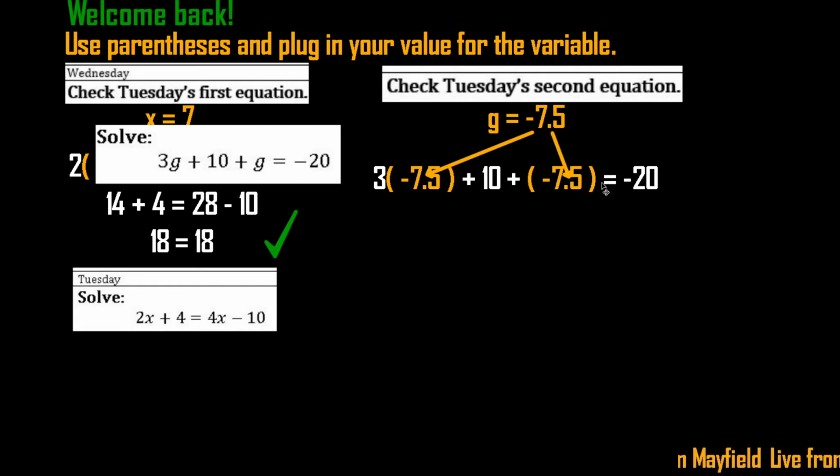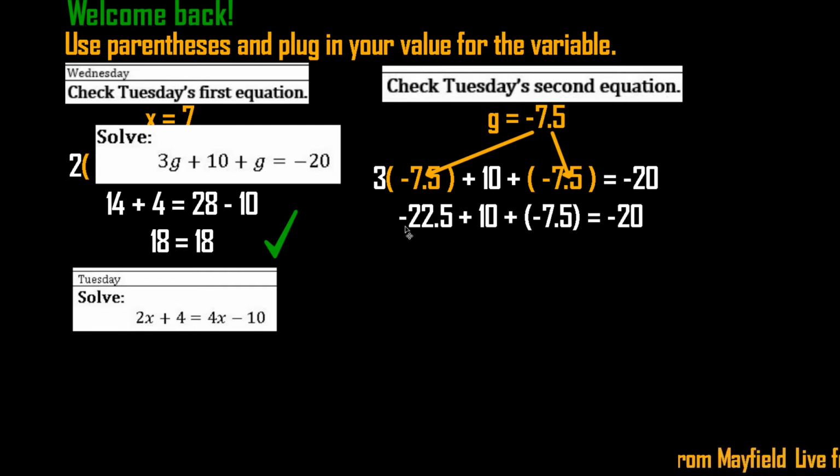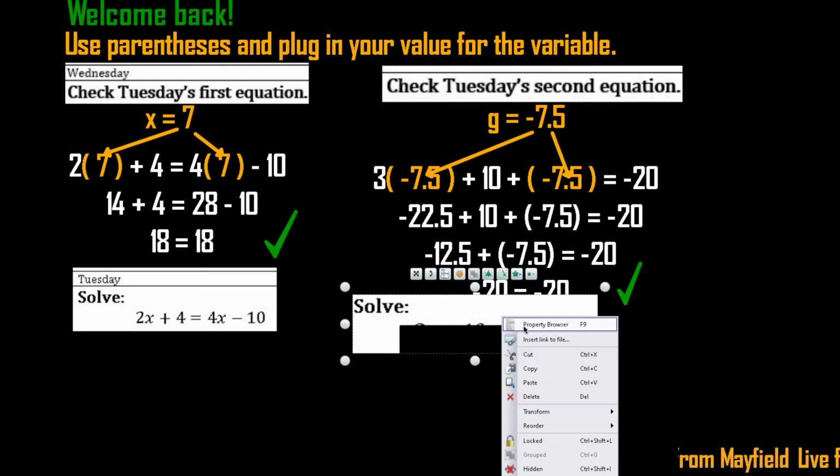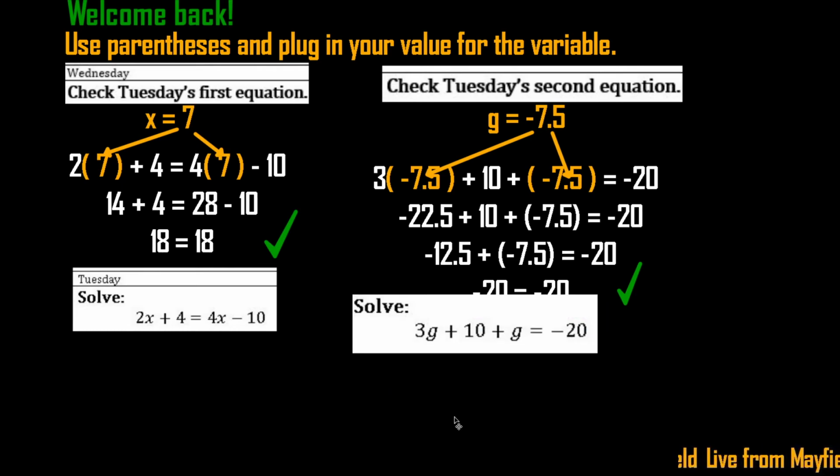We're checking to see, does this left side equal negative 20? When you simplify carefully, on the left you'll have negative 22.5 plus 10 plus that negative 7.5. Evaluating carefully and combining like terms, you'll end up getting negative 20 is equal to negative 20.